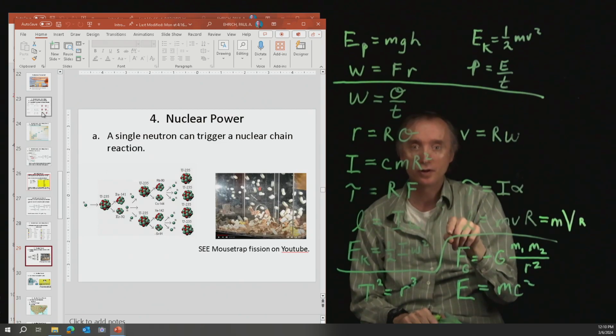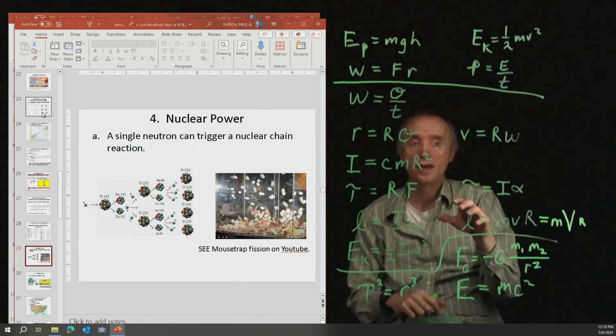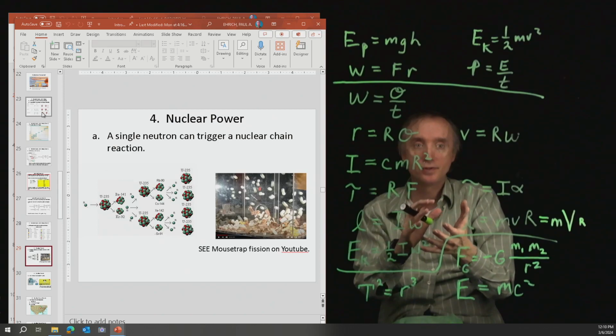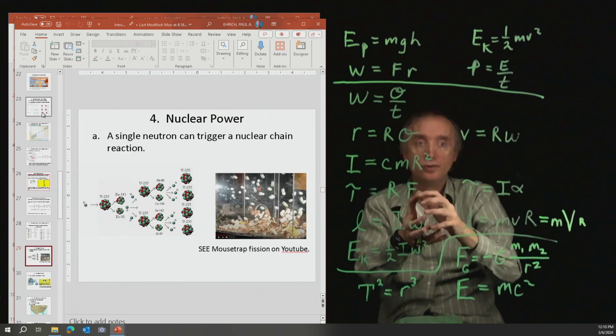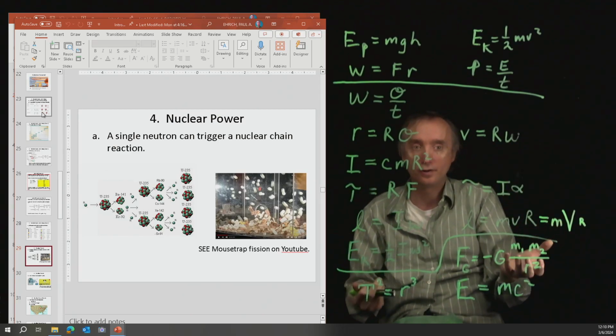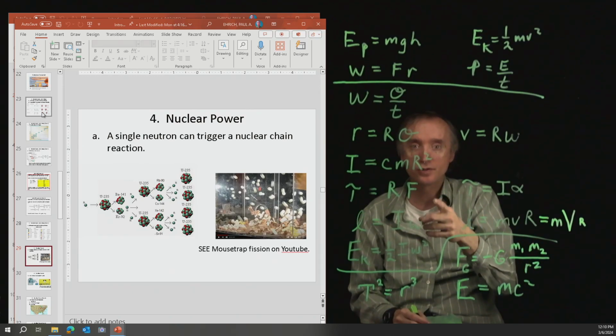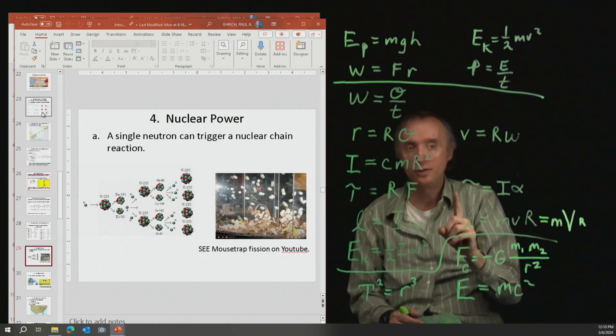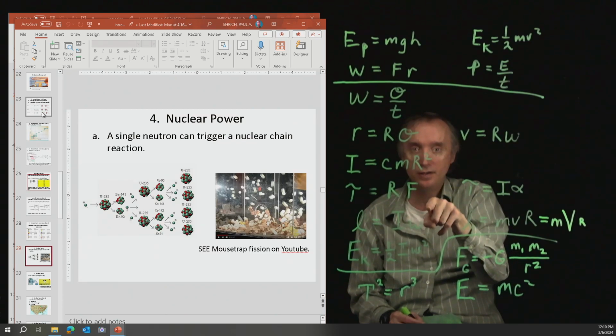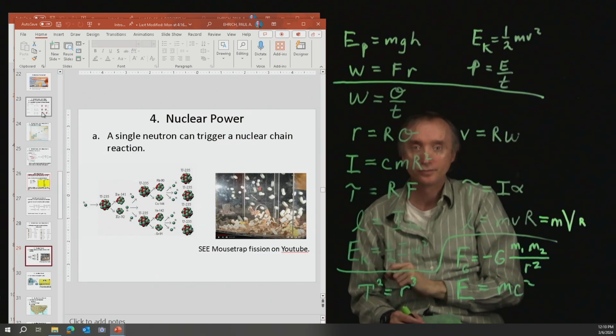So when a neutron enters a particular radioactive substance, it makes it want to undergo nuclear fission. But notice what happens. One neutron goes in, and then do you see three neutrons come out?